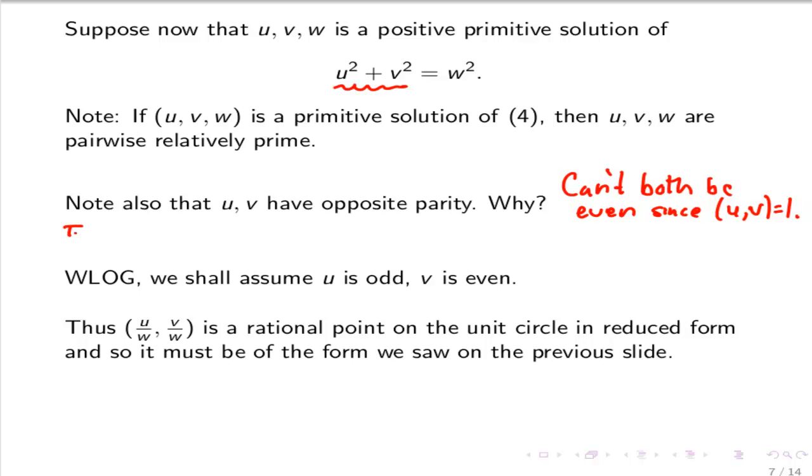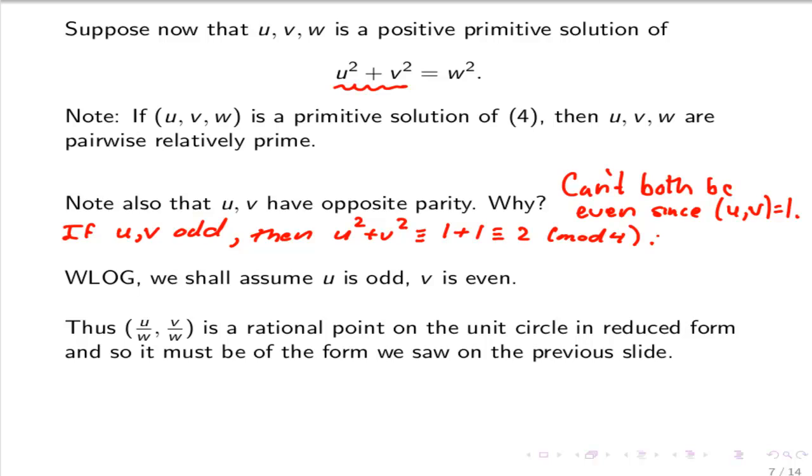Well, if u and v are both odd, then I come back up to this equation and I look at u squared plus v squared. Well, that would be congruent to 1 plus 1, which is 2 mod 4. But we've seen before that 2 is not a perfect square mod 4. So we can't have this 2 come out to be a w squared.